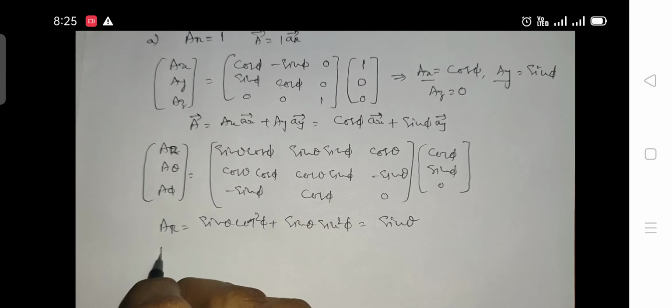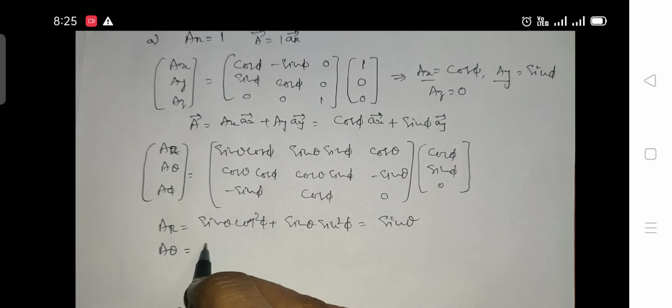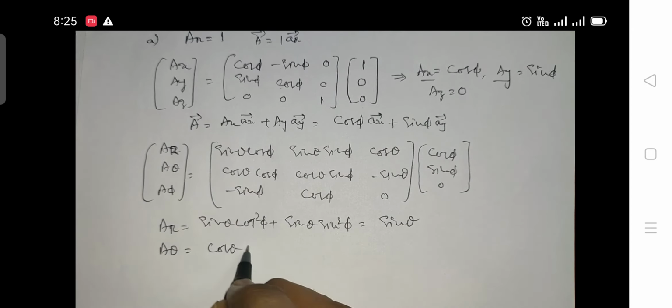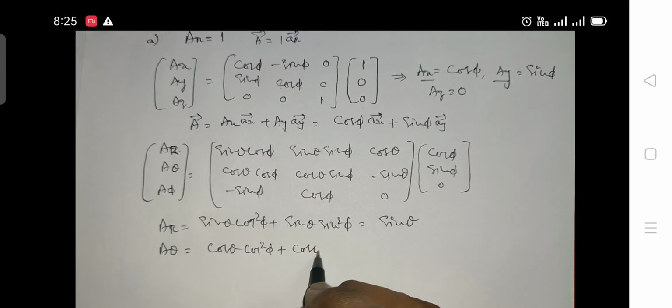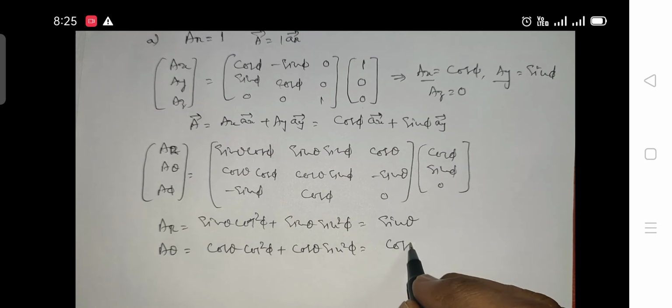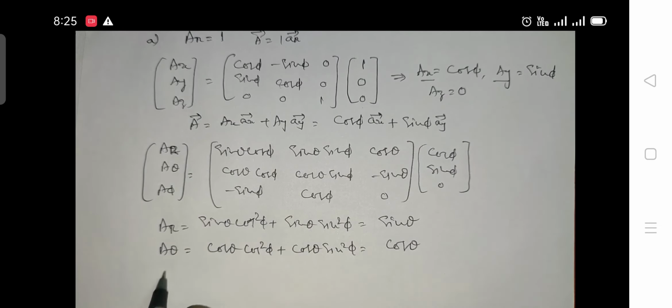And similarly, A theta is equal to cos theta cos square phi plus cos theta sin square phi, which is equal to cos theta. And the component of A phi will be equal to minus sin phi cos phi plus cos phi into sin phi. So these two are going to cancel each other and you get A phi term as equal to 0.